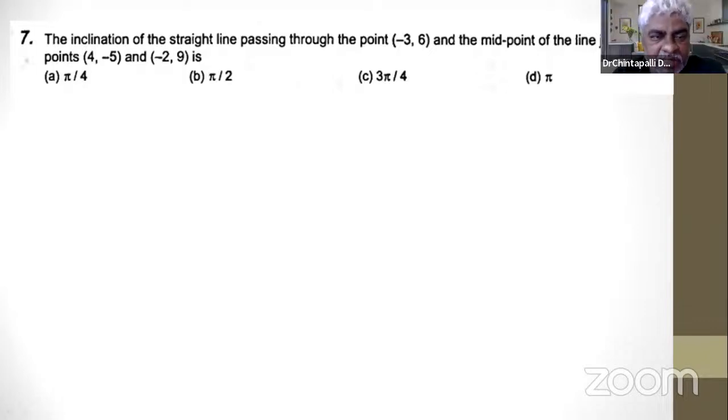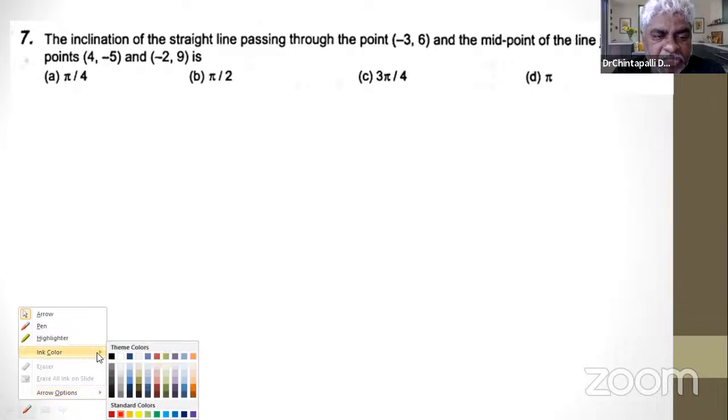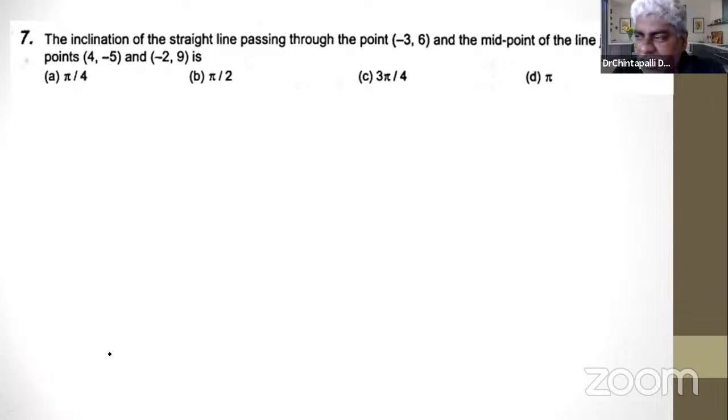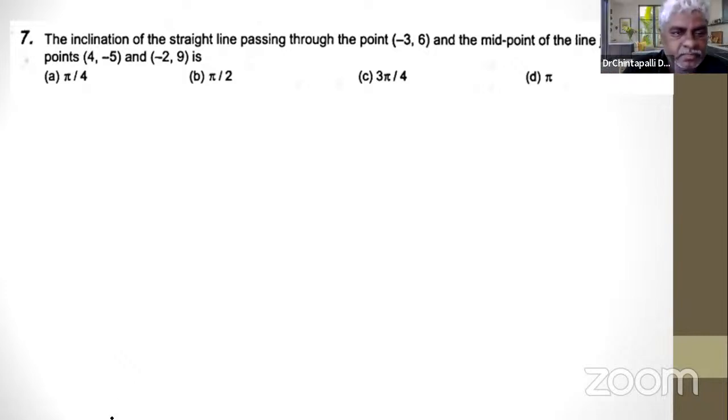Inclination is nothing but the angle made by a line with the x-axis in the positive direction. Here you must understand what the positive direction is. There are two directions to measure an angle.